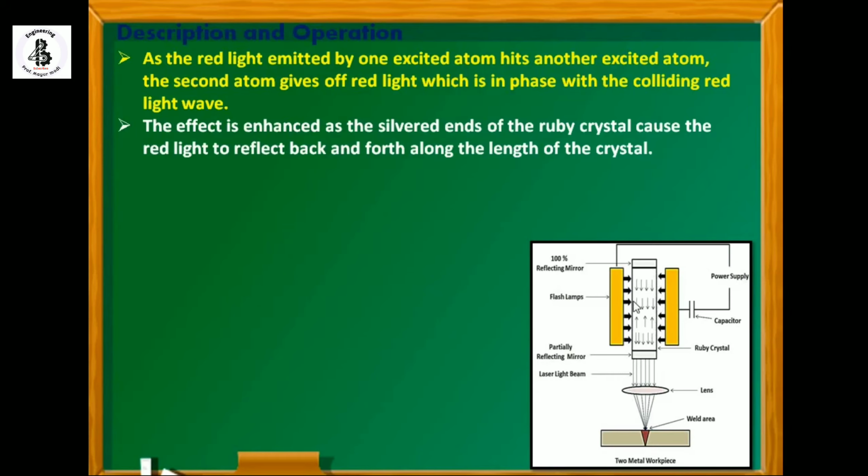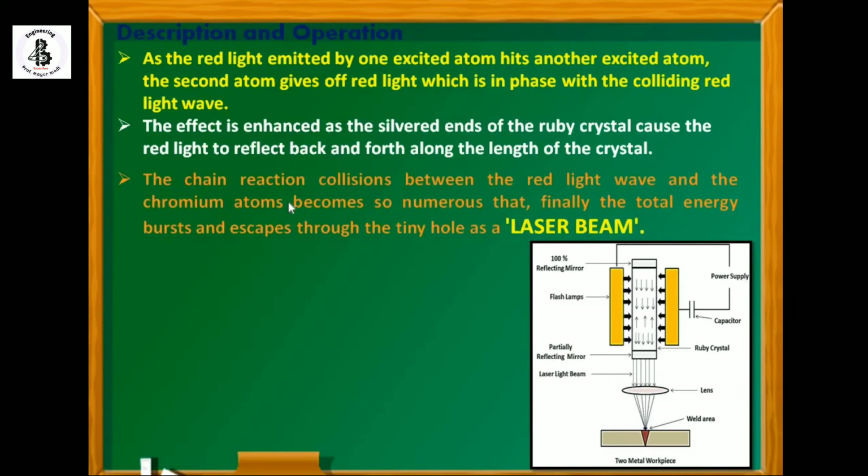Just you can see, and finally what happens? The chain reaction, collisions between red light waves and chromium atoms become so numerous that finally the total energy bursts and escapes through the tiny hole, and that is known as a laser beam.